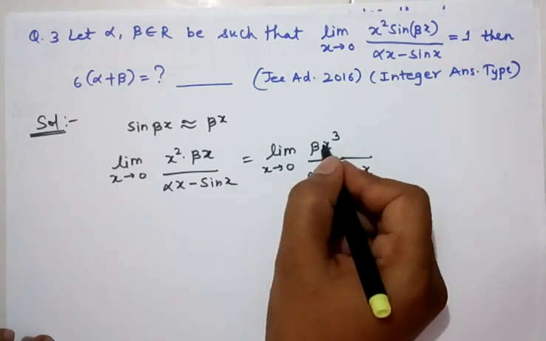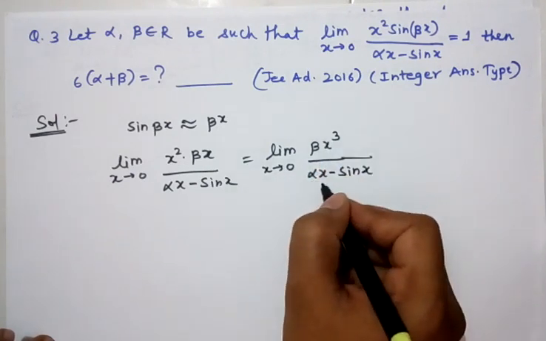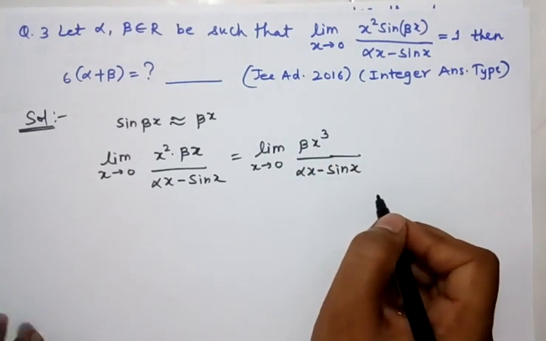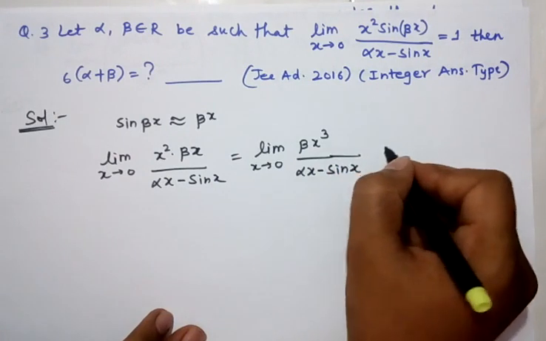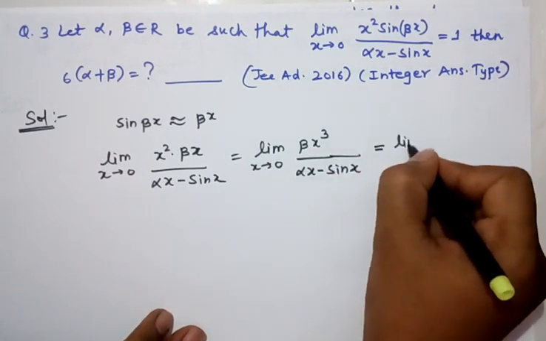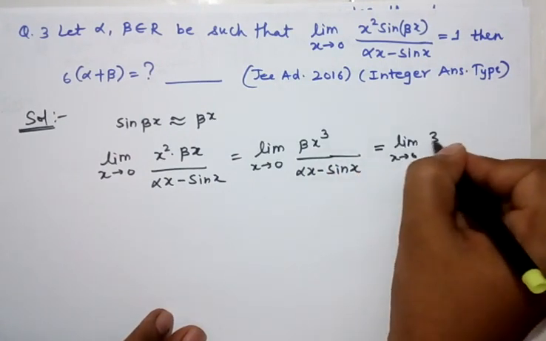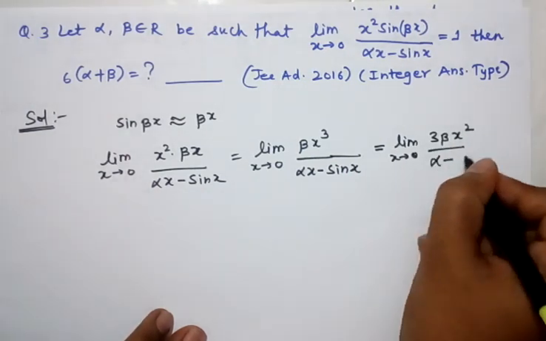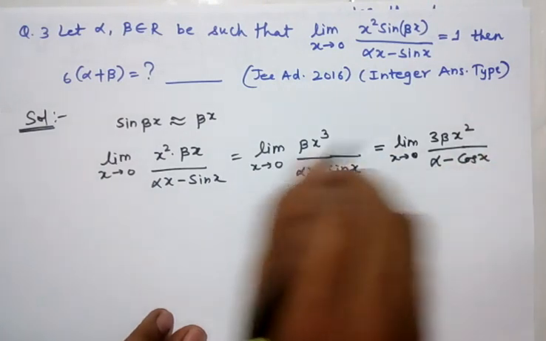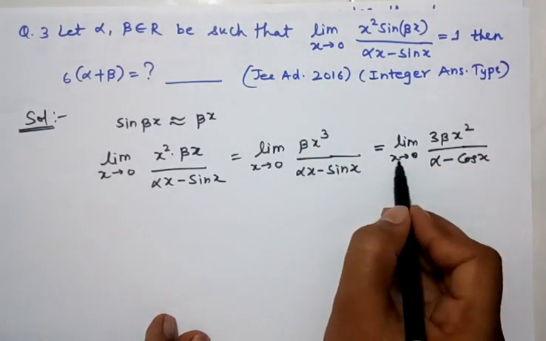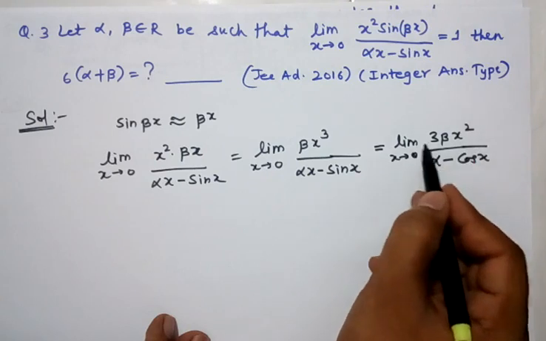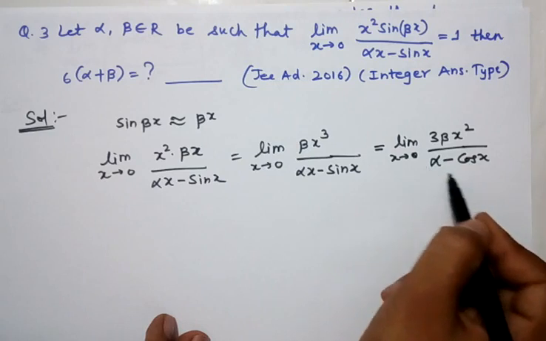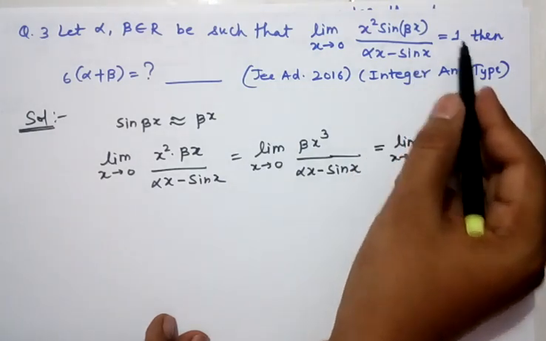Substitute 0, so here the numerator is becoming 0, denominator also 0, so 0 by 0 form, we can use L'Hospital rule. So differentiate the numerator part, we get limit x tends to 0, 3 beta x square divided by alpha minus cos x. Now you can see when we substitute the limit here, x tends to 0, the numerator is becoming 0, therefore the denominator must be 0, then only the limit can be a finite quantity.